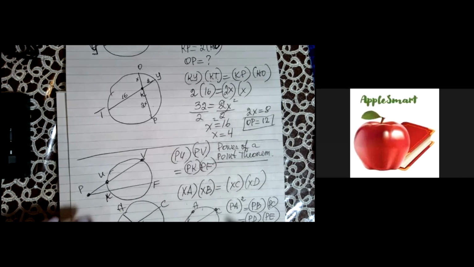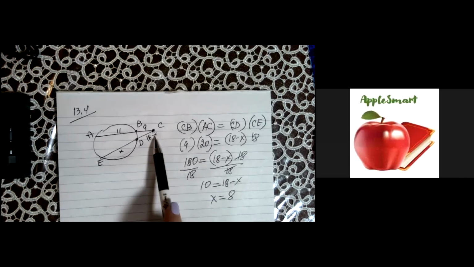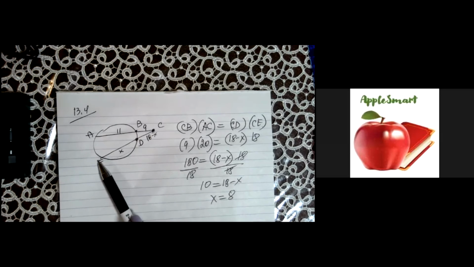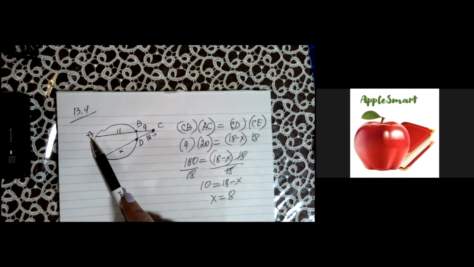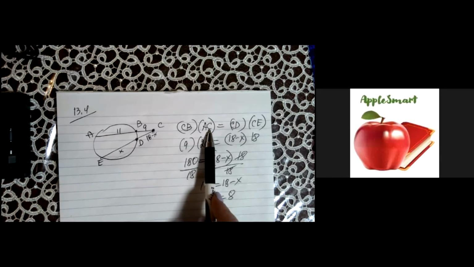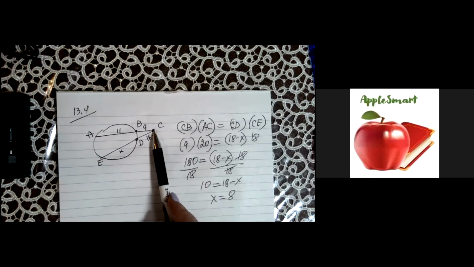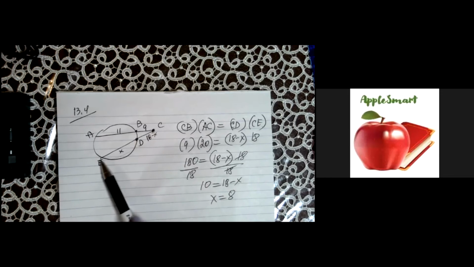And I used that here. I said, okay, this is one point C. From that point, I have 2 secants coming from the same point. One of them is secant CA, another one is secant CE. So for secant CA, I can say that CB times the whole secant, which is AC, is the same as CD times CE.